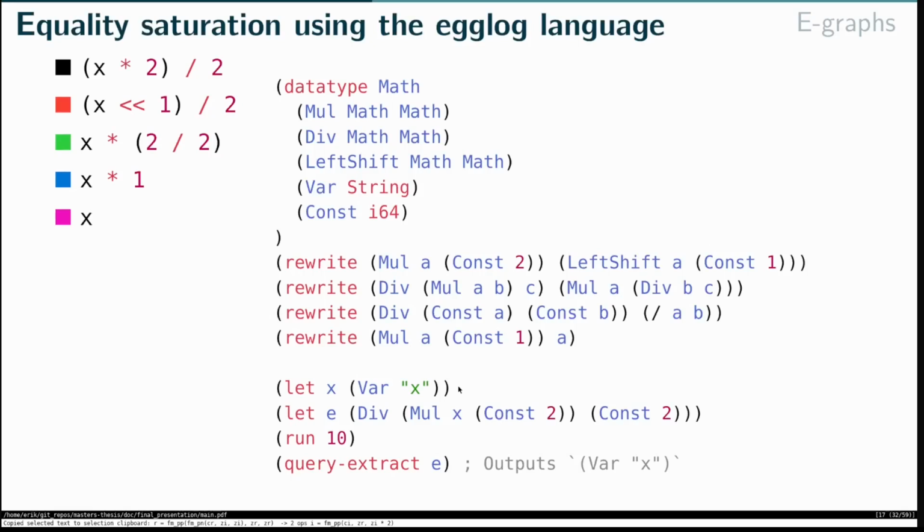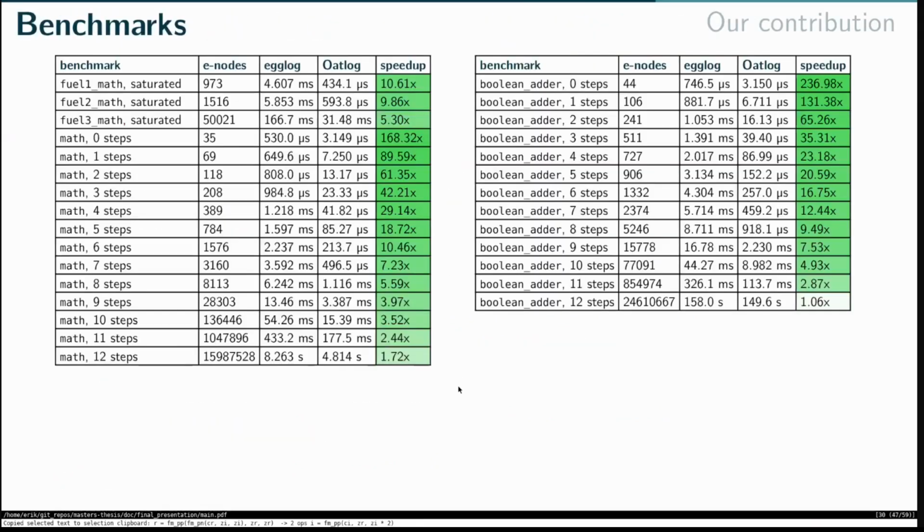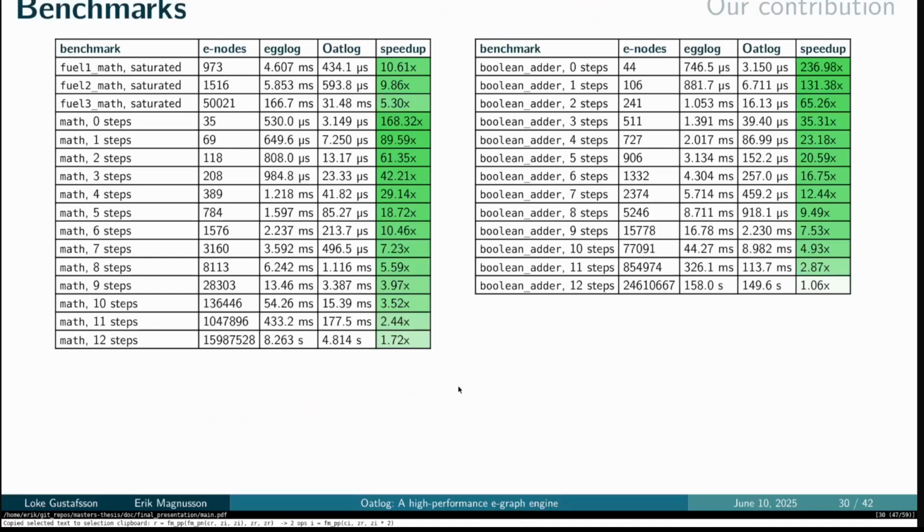What was your hypothesis on improving on Oatlog? Did you see that the ahead-of-time approach would improve things, and did you get those wishes? This is super surprising, and we haven't really talked about why we are faster. It's a mix of things.